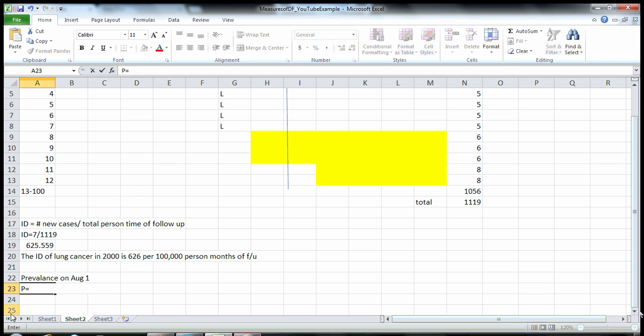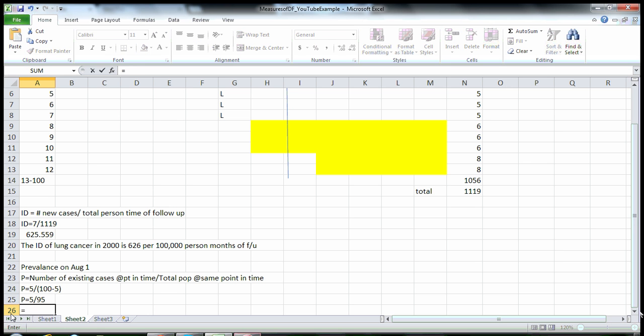Prevalence equals the number of existing cases at a point in time divided by the total population at the same point in time. So on August 1st, we've got 5 existing cases that we just counted, and we lost 5 people to follow up by that day. So we had 100 originally, but we lost 5. So that's 5 out of 95 now.